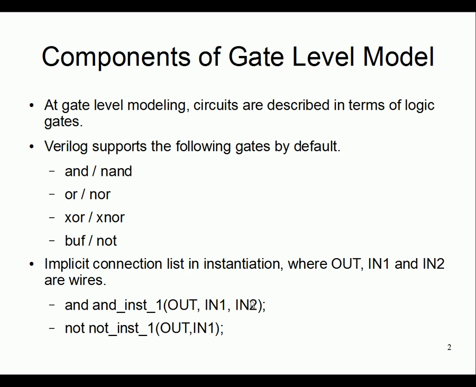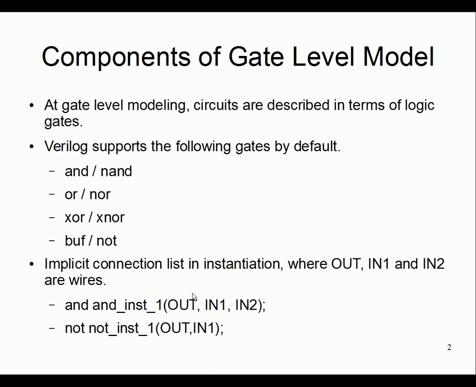I personally don't like this implicit type of connection list because we might end up making wrong connections. If we do explicit, we need to type a little more, but we are okay because we know exactly which wire is connected to which port.